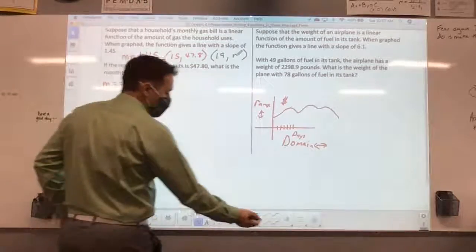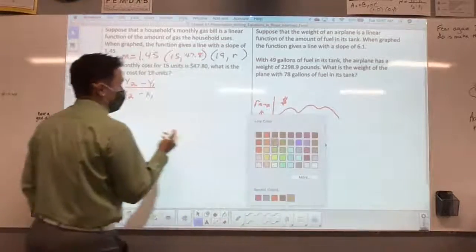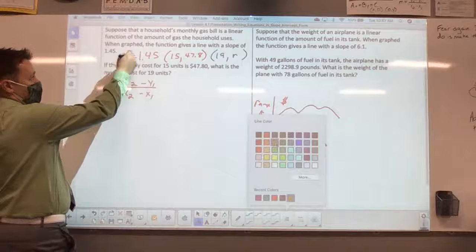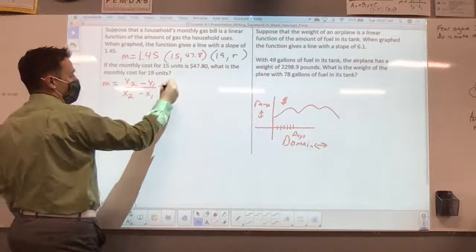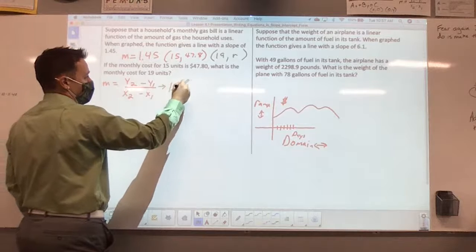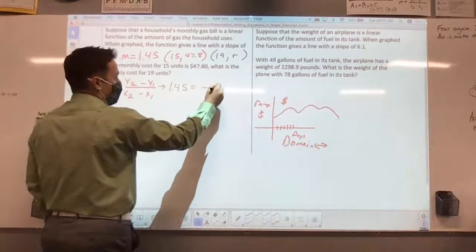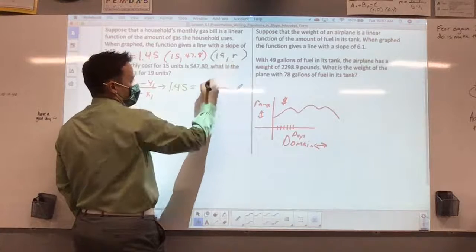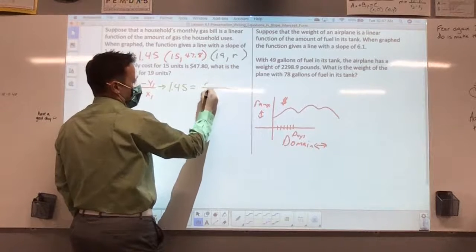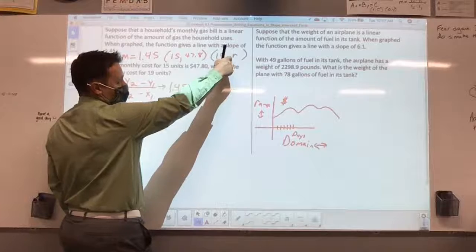All right, now what you got to do is fill in the blanks. M equals what? 1.45. And it's going to equal my y2. Now, what I want you guys to do is always put this number first, so that way you're not dealing with a negative exponent.